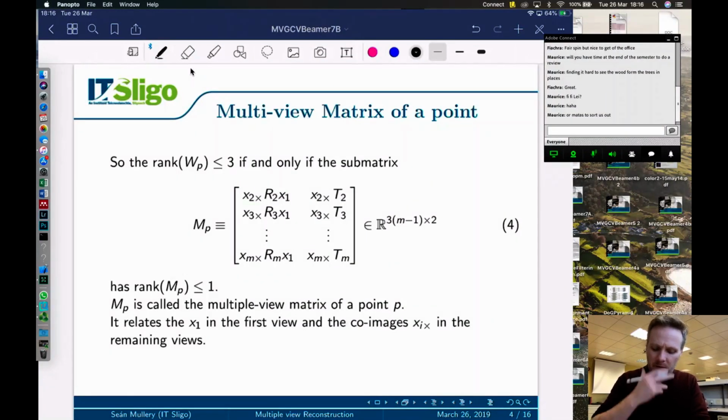Now, a few things about this matrix. It's a 3m minus 1 by 2, but the important thing is that the by 2 tells us that that is a single column, and that's a single column there. But we only have a rank of 1 at most because of the size of this. So whatever our value of m is, at most we could have had rank 2. And what we're saying is that it must be 1 or 0.